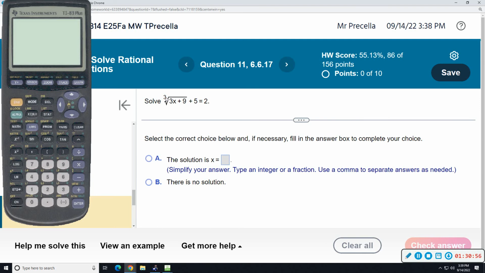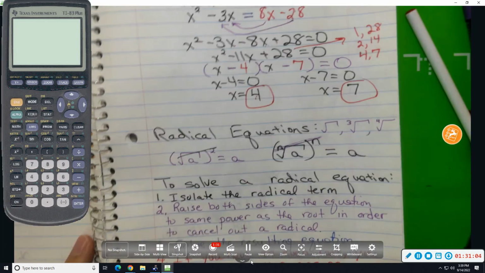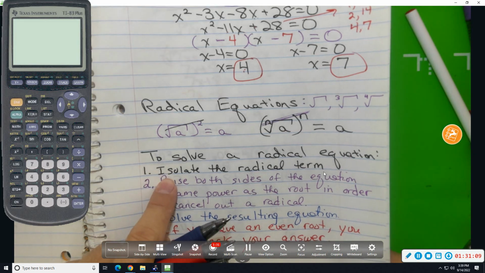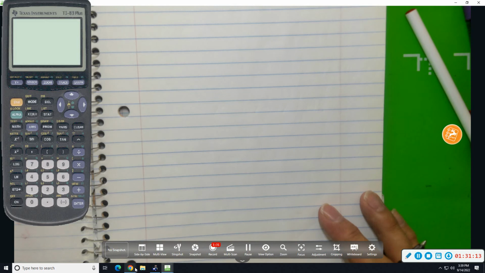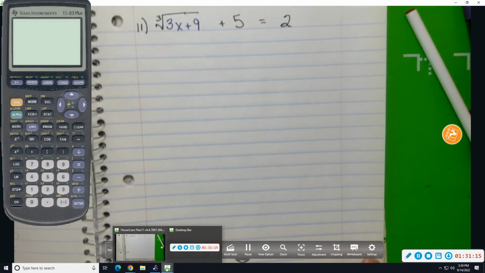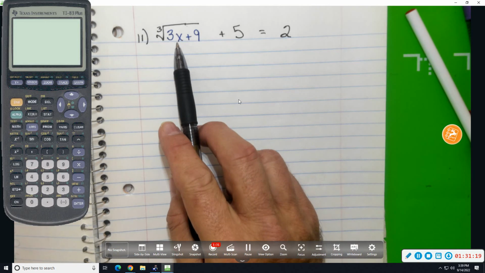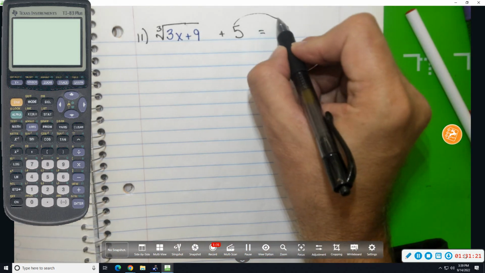But before you start cubing, what are you going to have to do? What's that little recipe? First, you have to isolate the radical term. Don't start cubing until I do what? How am I going to get this cube root by itself? Yeah, minus the 5. Good.